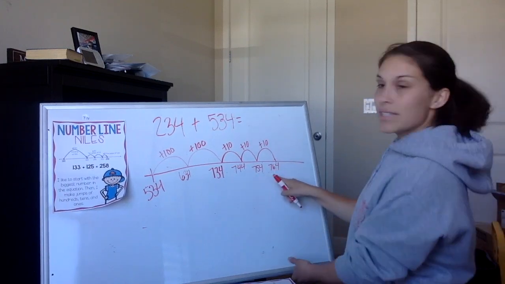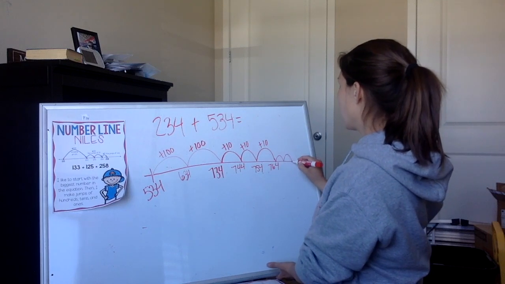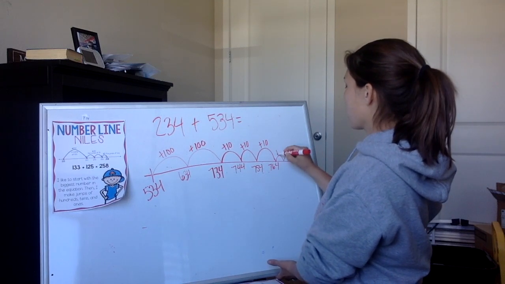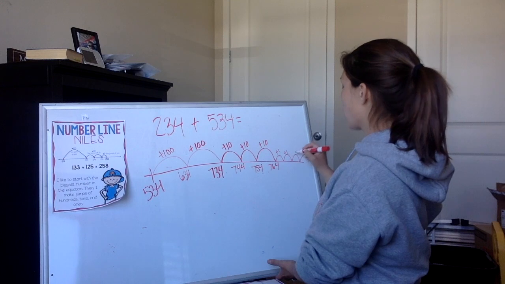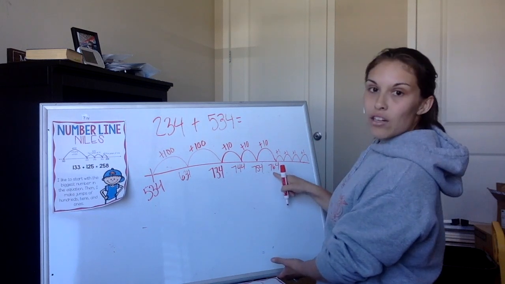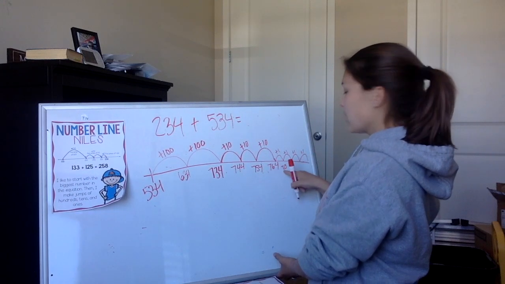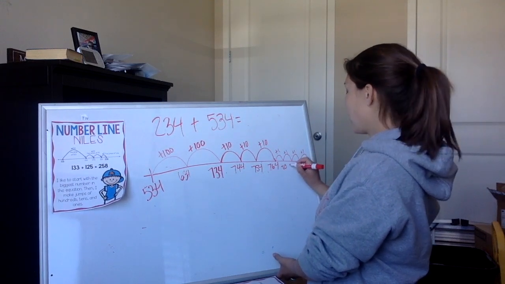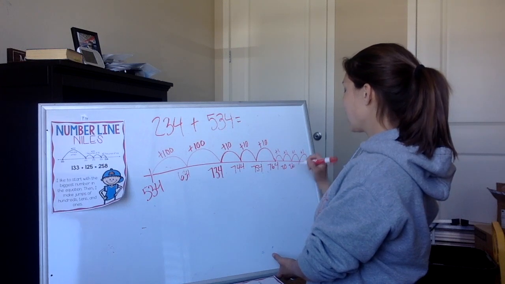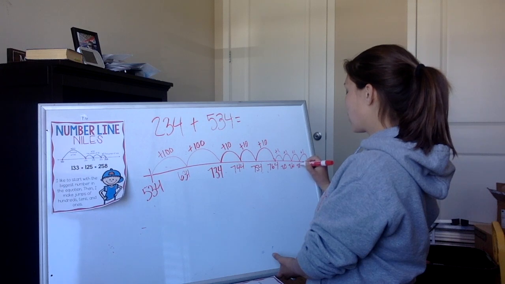So we're starting at 764. We're doing 4 small jumps. 1, 2, 3, 4. And remember to add what you're doing on top. So I'm adding 1 each time. 764 plus 1 is 765. 765 plus 1 is 766. 766 plus 1 is 767.